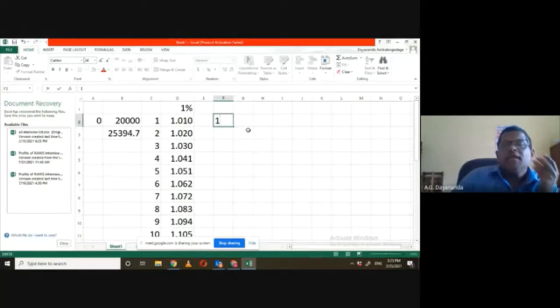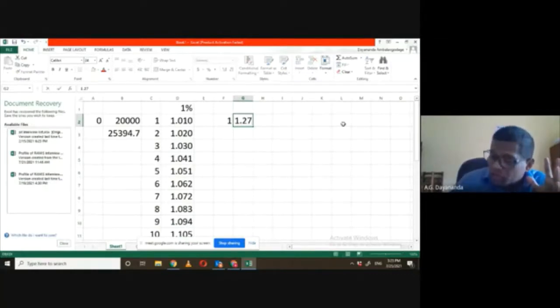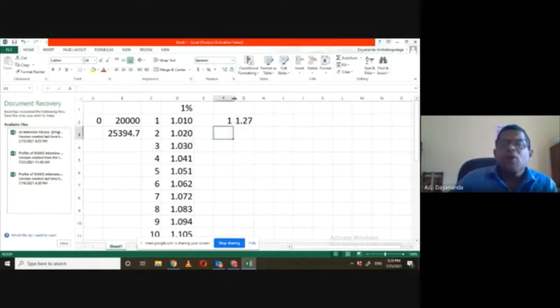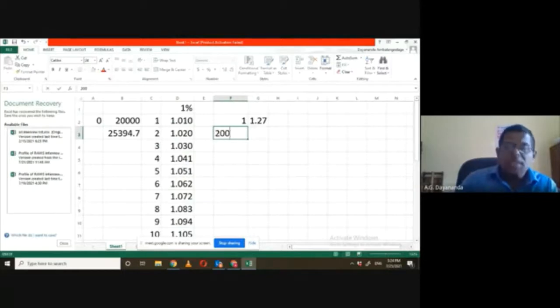Is it clear? Okay. 1.27. Remember, we are talking about a lump sum. So you have invested here 20,000. Is it clear? You have invested 20,000.